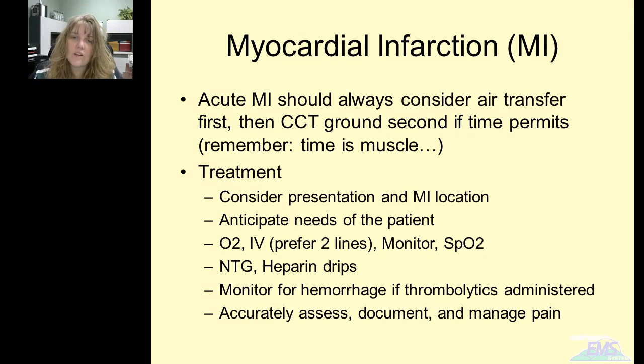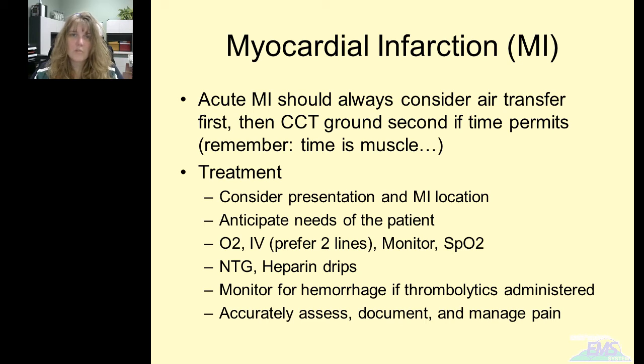So an acute MI should always consider air transport first, and then CCT ground if time permits. Remember that time is muscle, and we want to consider the presentation, the location of the MI, and anticipate the needs. But we definitely want to make sure that the patient has oxygen, IV establishment. There is a preference for 2 lines in this case.